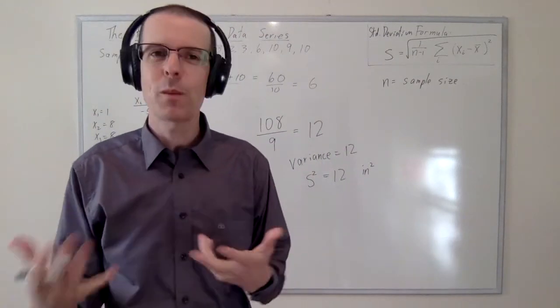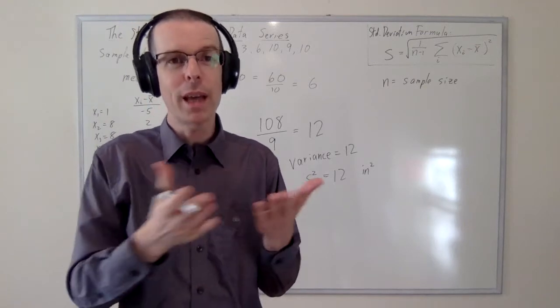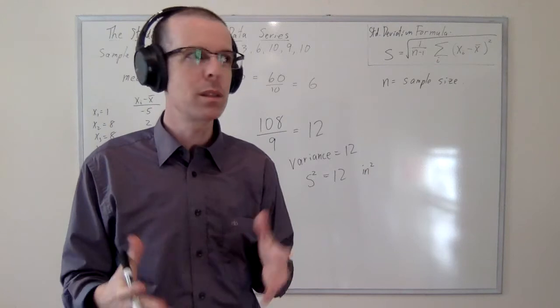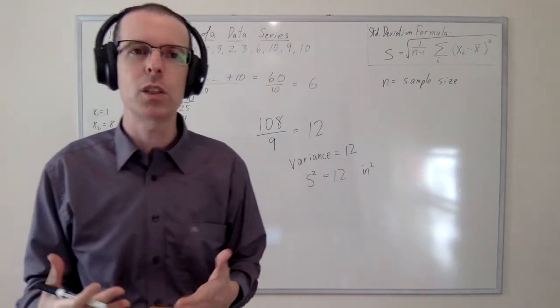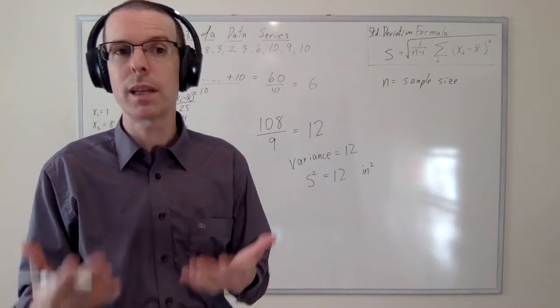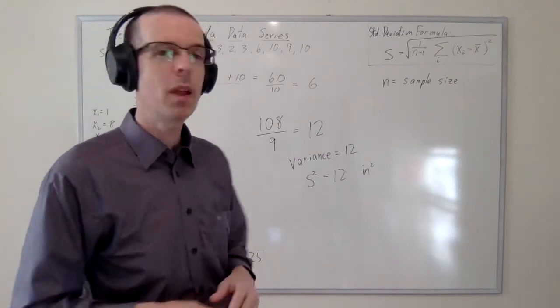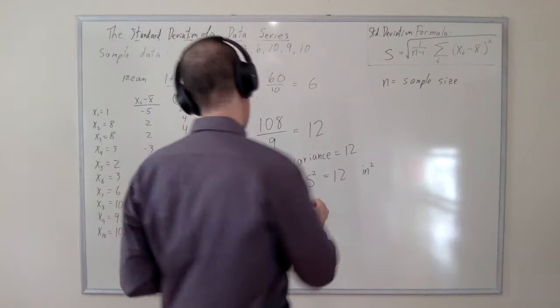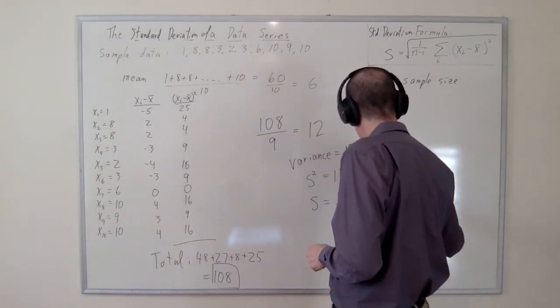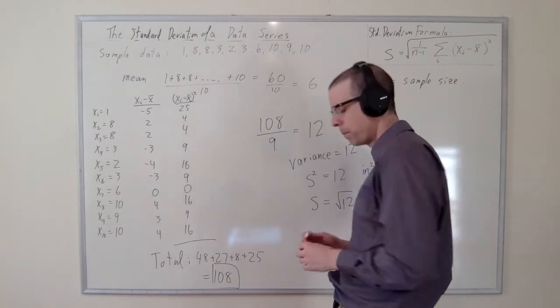From the mathematics of the formula, we would normally expect s comes first and you square it and you get s squared, right? But it kind of doesn't work that way in these definitions. In these definitions, the variance comes first, we call it s squared, and if you want to take the square root of it, then that's a really good plan, and we call that s. And so s here is the square root of 12, which works out to about 3.464.